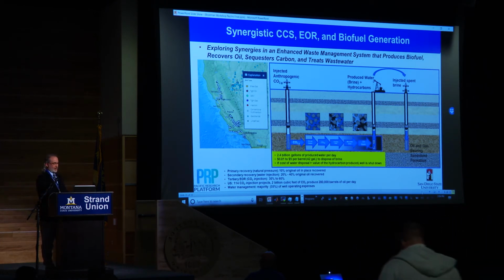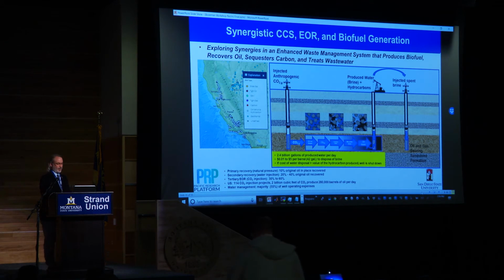One of the projects I'm involved in is exploring synergies among 4 different processes. One is wastewater management. One is producing biofuel using algae. One is enhanced oil recovery, and the other is carbon sequestration.